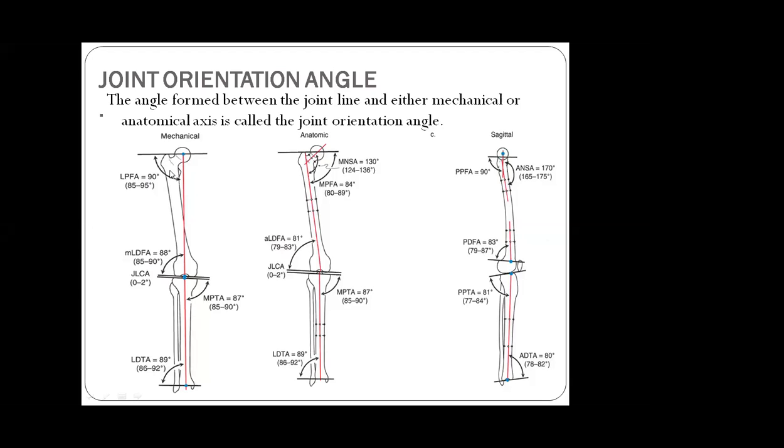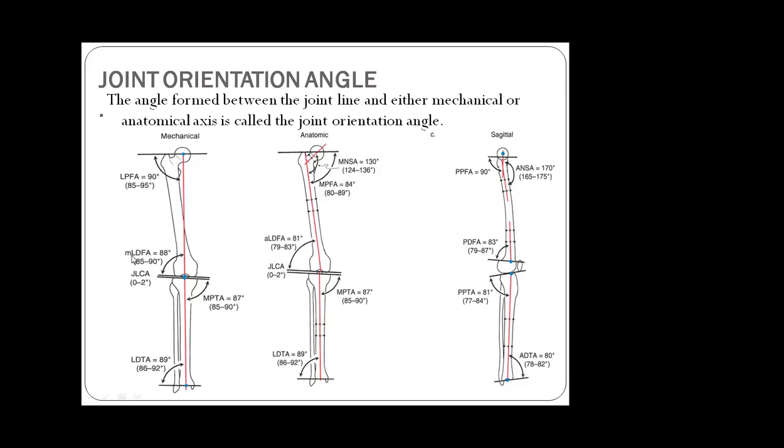Next there will be mechanical lateral distal femoral angle we have to remember. So that is 88 degrees, where the range is 85 to 90 degrees. Here the M in the short form corresponds to the lateral distal femoral angle as per the mechanical axis. The anatomical axis will come later.